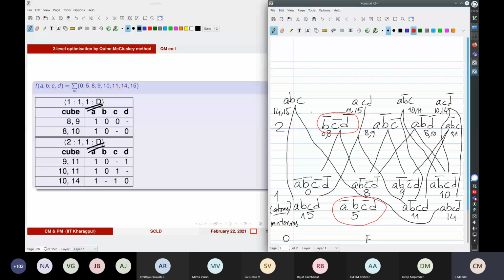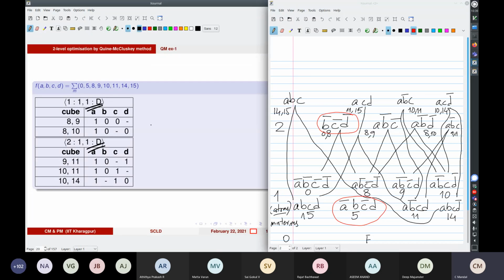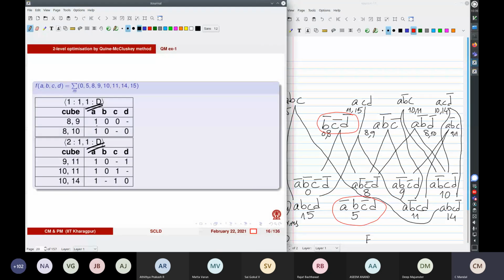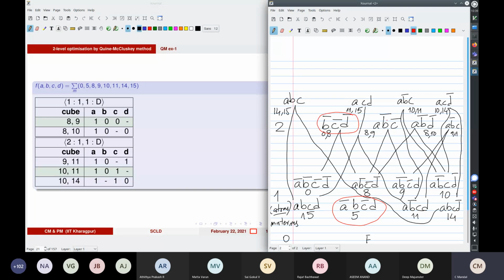Let us consider the cubes with one number of don't cares and two number of don't cares. What you find is that 8, 9 is adjacent to 10, 11. So these two have the don't care at position D, and they're adjacent.